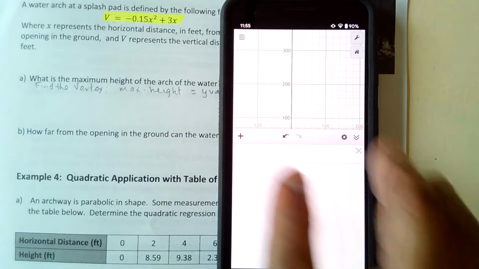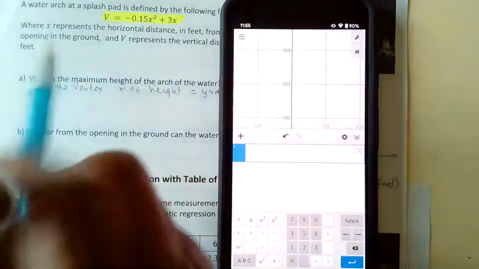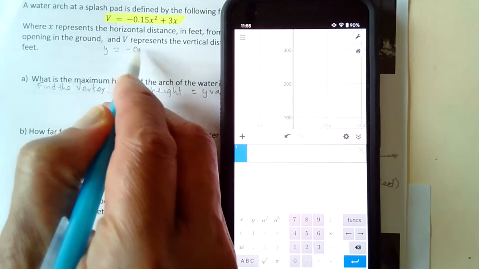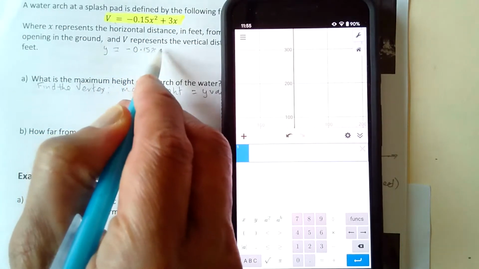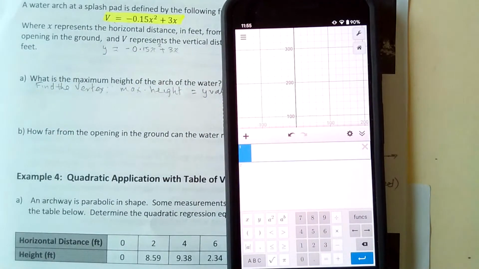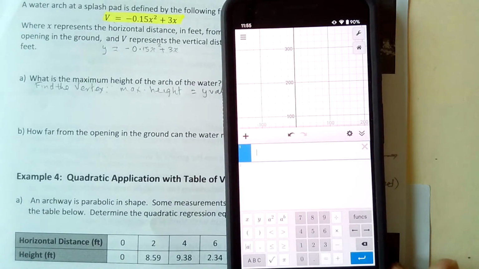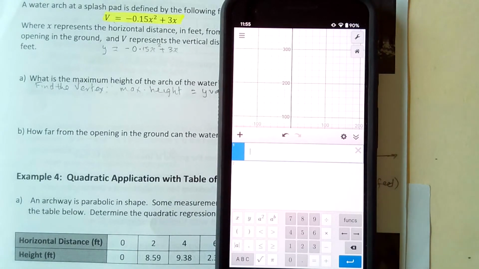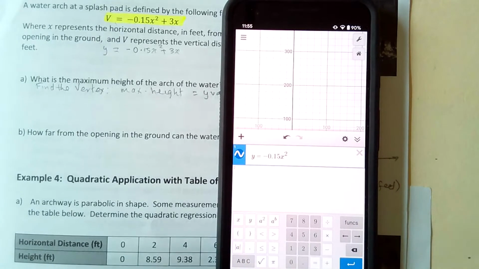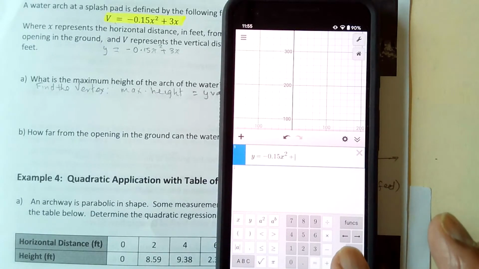But now the v, remember, this is going to be equal to y is equal to negative 0.15x squared plus 3x. So let's go ahead and enter that equation. So y equals negative 0.15x squared plus 3x.